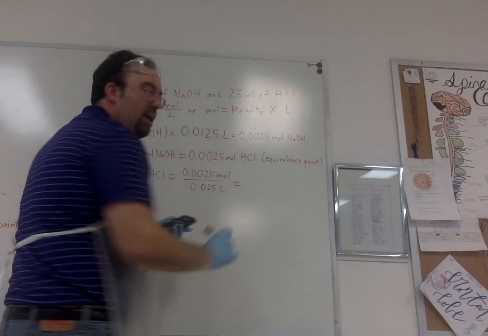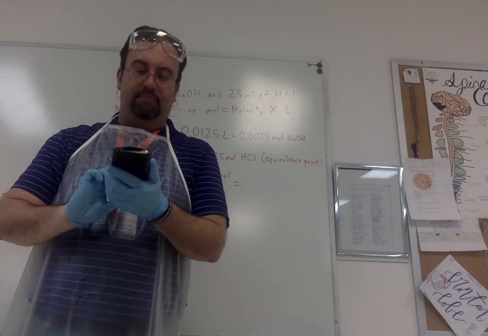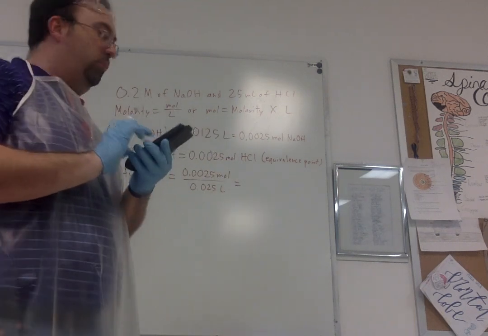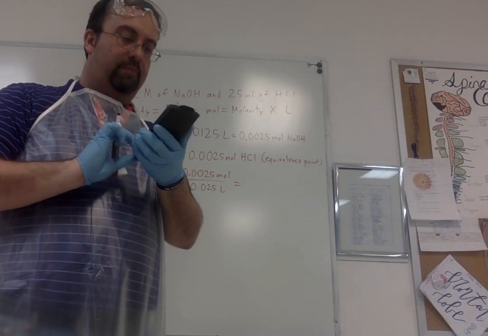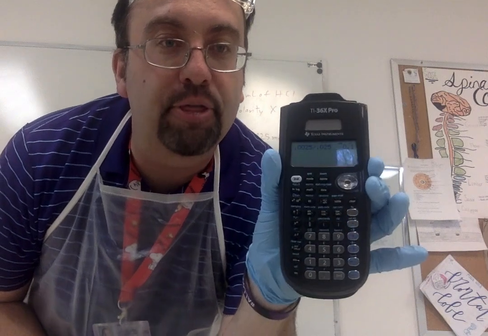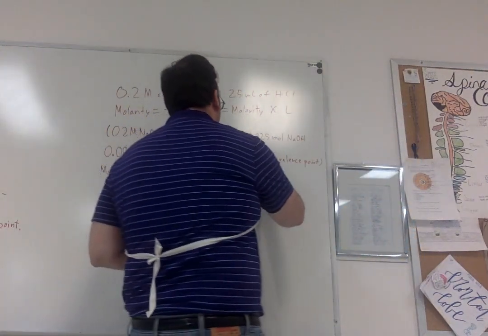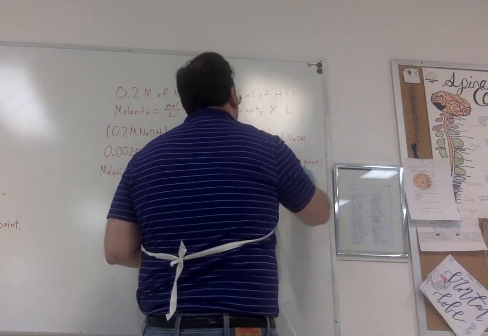And so I'm going to take 0.0025 divided by 0.025. And notice that I end up with 0.1 molar HCl. So this is 0.1 molar HCl.